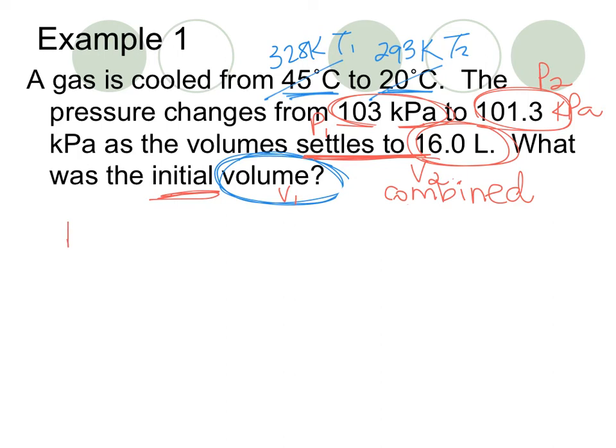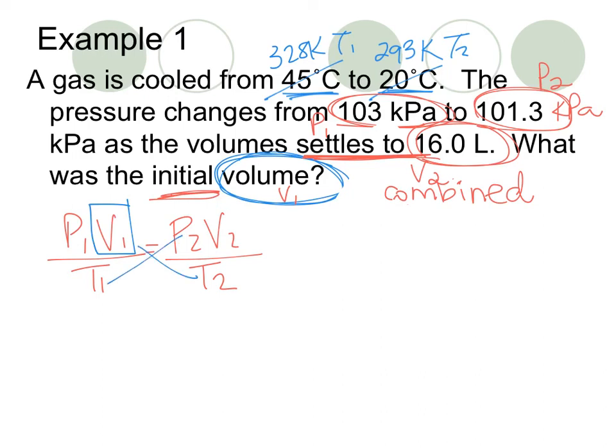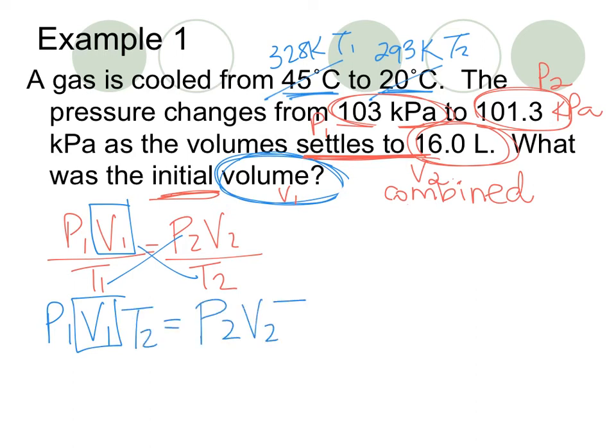So here we go. P1V1 over T1 equals P2V2 over T2. I'm leaving N out of the equation. They never mentioned it. And so then I'm going to figure out what my variable is. It's my V1. I'm going to cross multiply and end up with P1 V1 T2 equals P2 V2 T1.